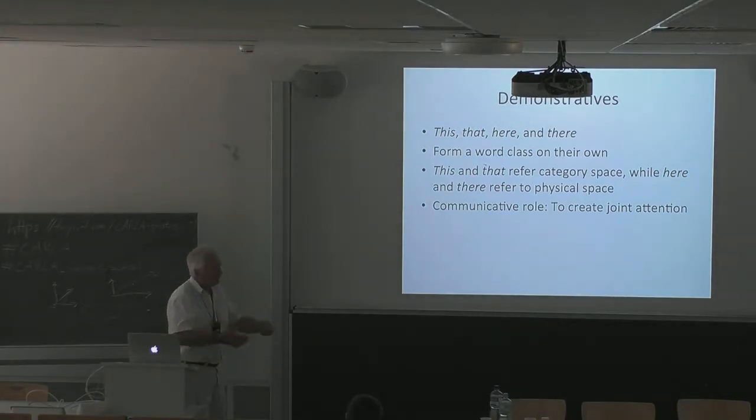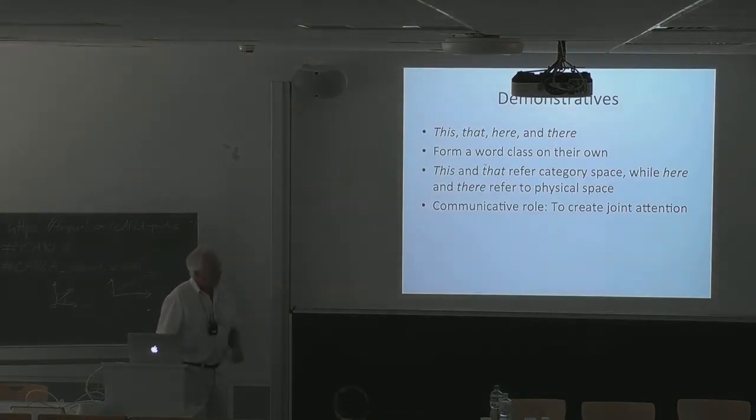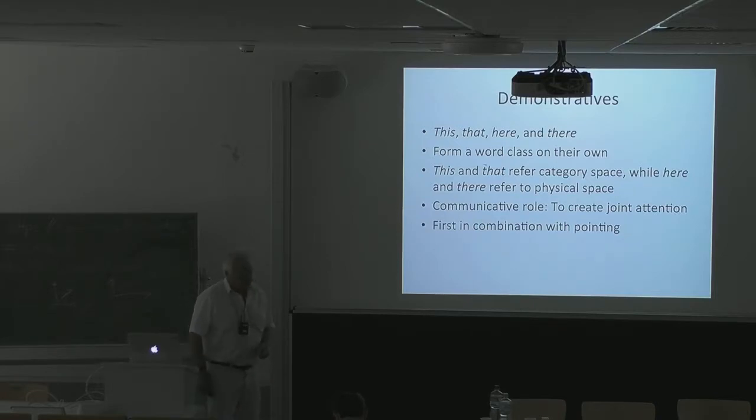And the communicative role is to create joint attention. I mean, I'm using that as part of a dialogue to help you identify an object. I mean, the bottle over there rather than the bottle here. And you learn it in combination with pointing. Children learn demonstratives quite early, as a matter of fact. And then you learn to talk about, you say this man and that man without actually pointing to it in the real world.